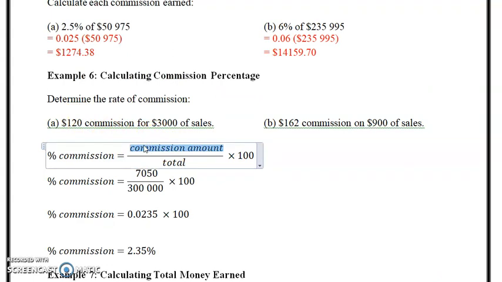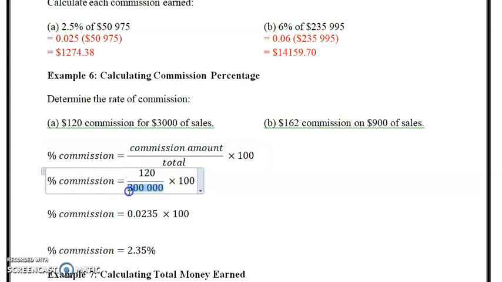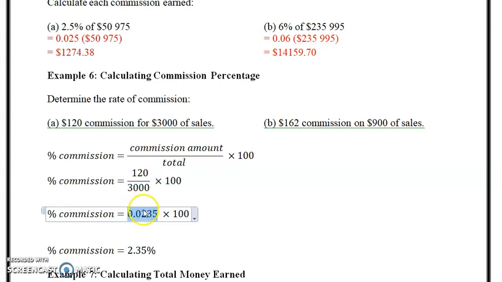So we put the 120 in here and the 3,000 on the bottom. Let's just take the zeros out. Multiply by 100, so we get the decimal. 120 divided by 3,000 gives me 0.04, which is 4%.